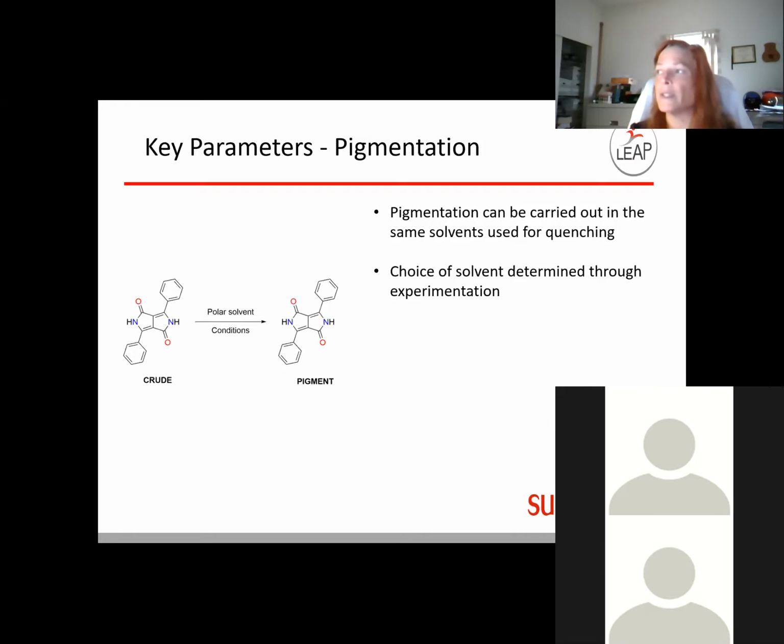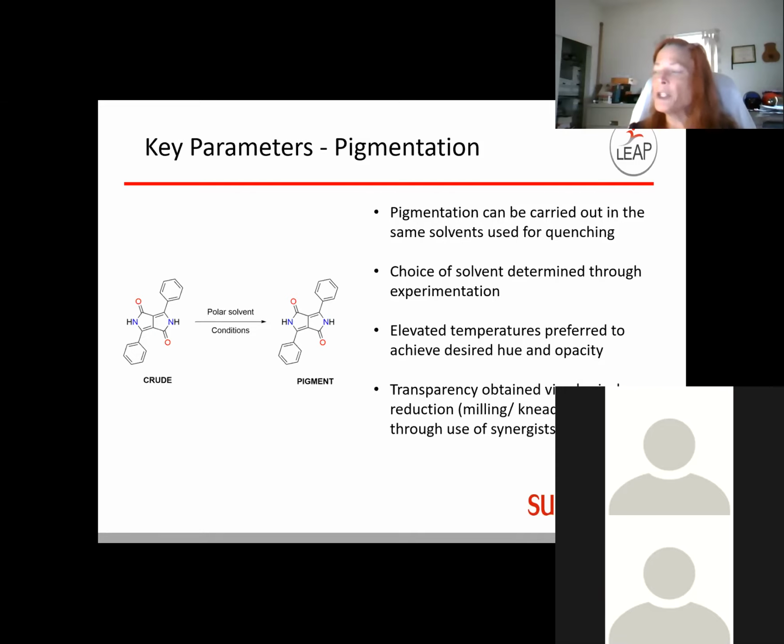The choice of solvent then helps to determine the best solvent for those end applications. In this step, elevated temperatures are also preferred, so that we can achieve the desired hue and the final opacity that we're looking for.